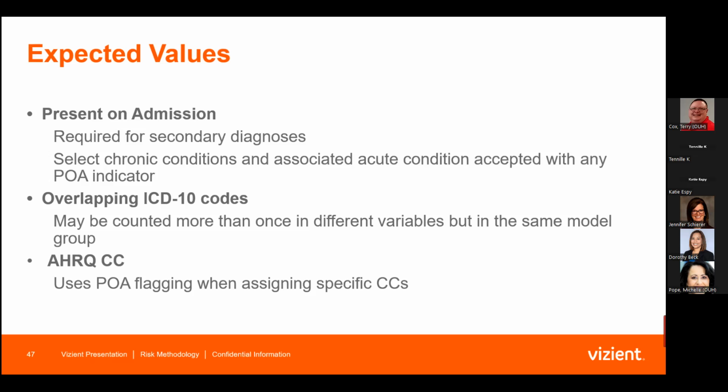And in some cases, more than one significant variable within the same model group may have the same overlapping ICD codes. If that's the case, all significant variables with the same codes will contribute to the encounter's expected value. So you can double dip. And the new ARC-CC definitions now include specific secondary diagnosis not present on admission for those models.